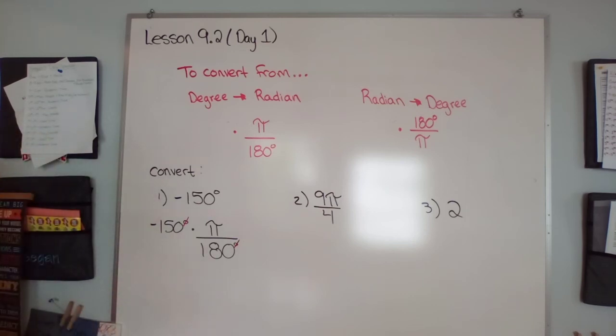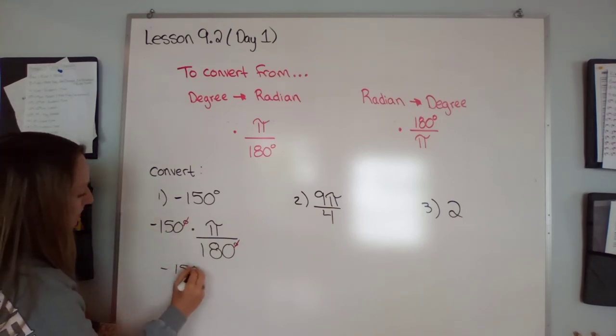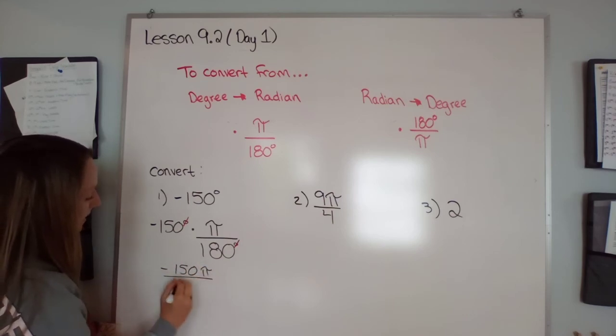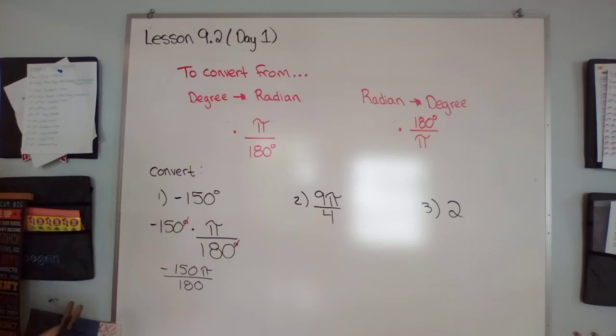So when I multiply numerators and denominators, I have negative 150 pi over 180, and then I need to simplify. I'm going to simplify by crossing off the zeros just to quickly get started, and then 15 over 18 simplifies to 5 over 6.